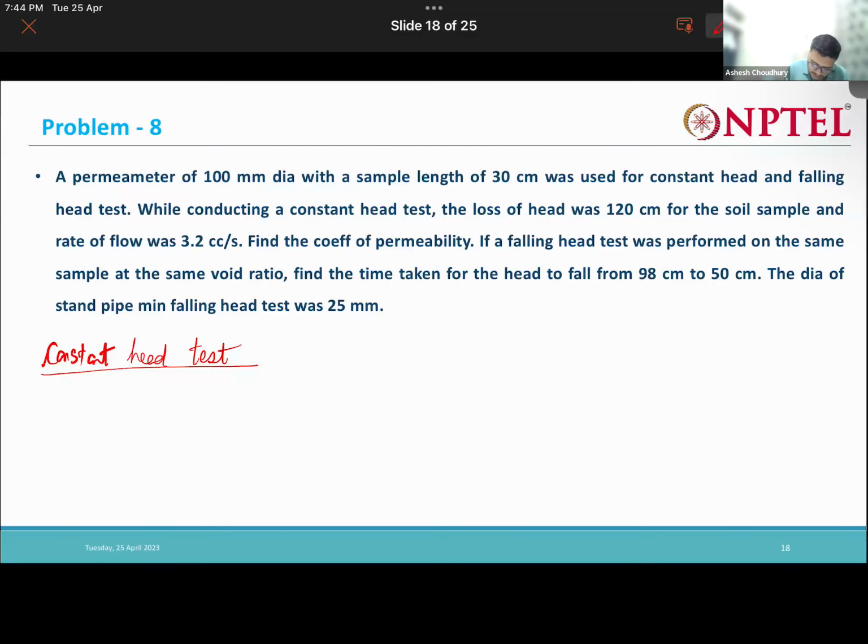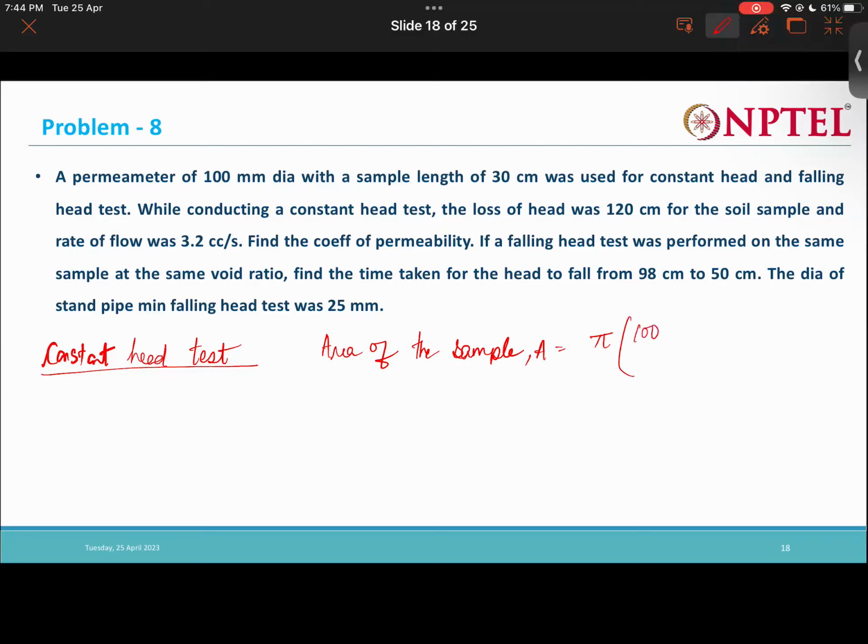What is the area of the sample? Pi by 4 into 100 square.